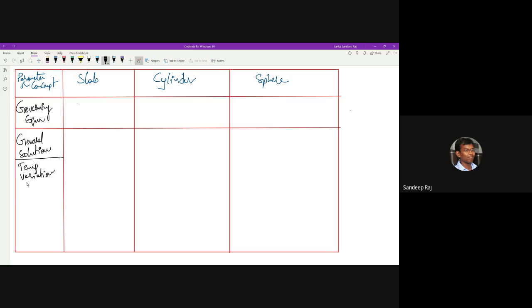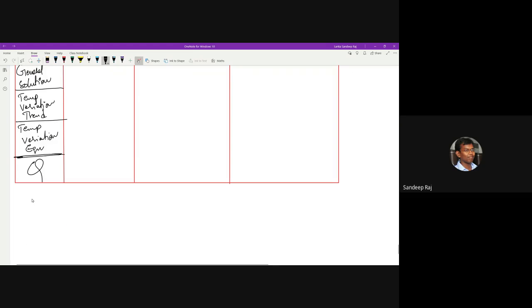And what else you will have? The temperature variation equation you will have. And then you'll get the Q formula first. Once you get the Q formula, you will also get the R formula and so on.